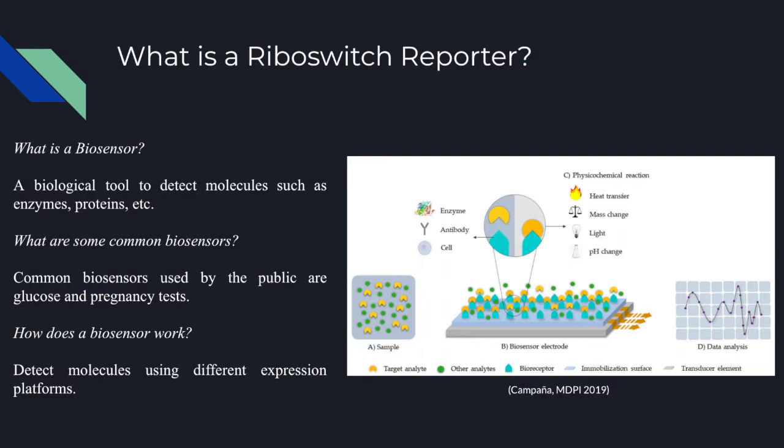As you can see in the diagram, a sample such as blood or any fluid or solid or anything that has the biological target molecule can be detected using a biosensor, such as seen in the second image. So a biosensor works by detecting the target molecule using a cell, antibody, or enzyme which attaches to the target molecule.